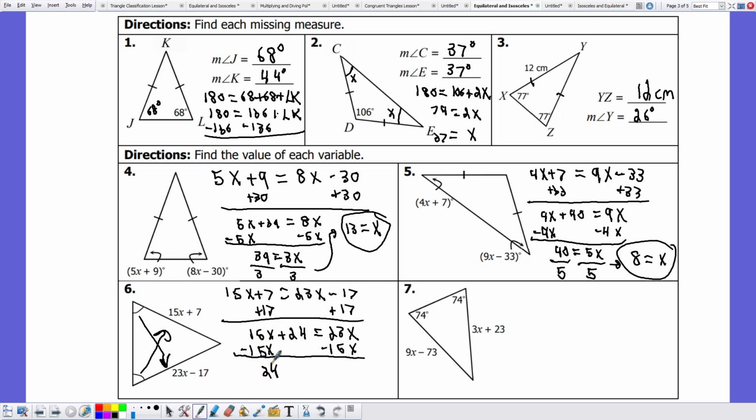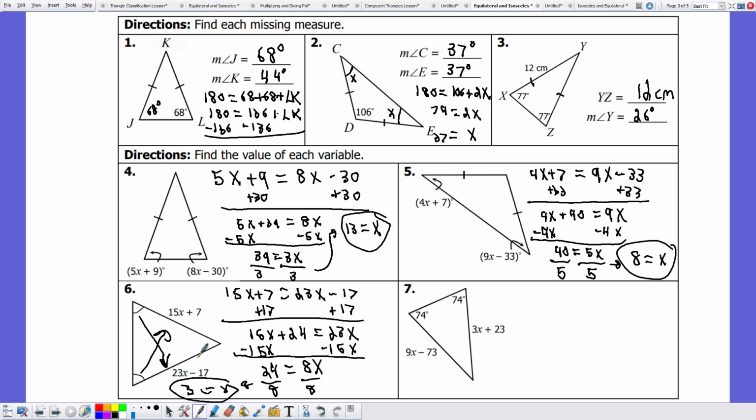So that 24 is equal to, well, 23 minus 15 is 8, so 8x. Dividing by 8 on both sides leads us to the result that x is equal to 3. A little sloppy there at the bottom of my screen, but hopefully we get the idea.